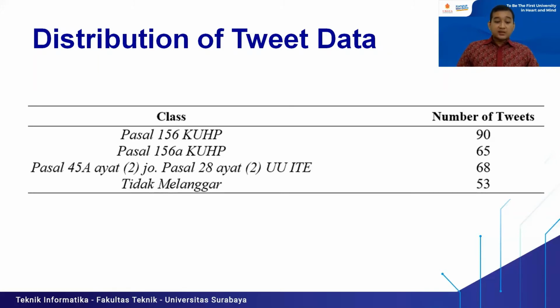Some research assistants will manually label the collected tweet data based on guidance from the ITE law expert. This table shows the distribution of tweet data based on the label class of the articles used.